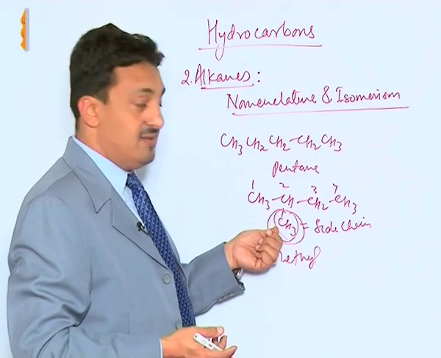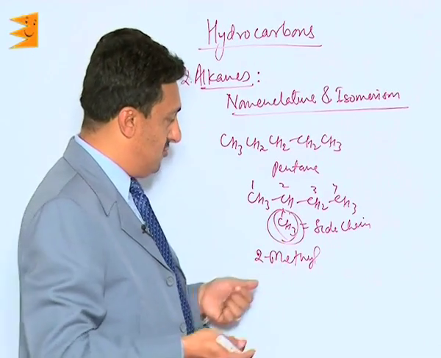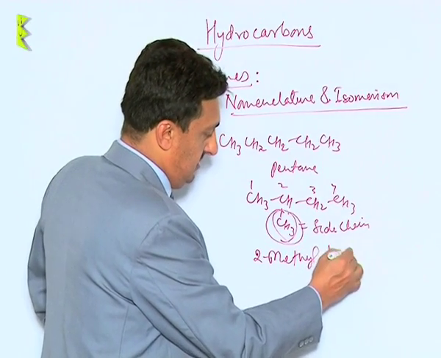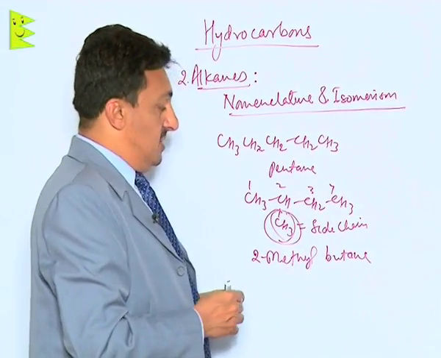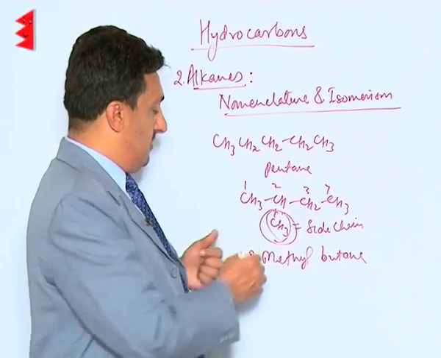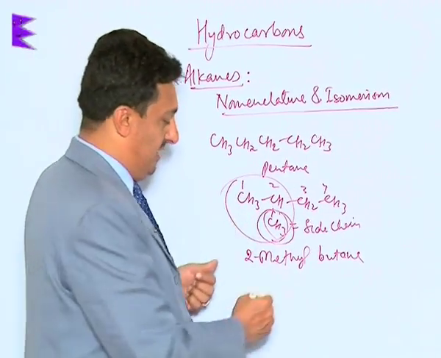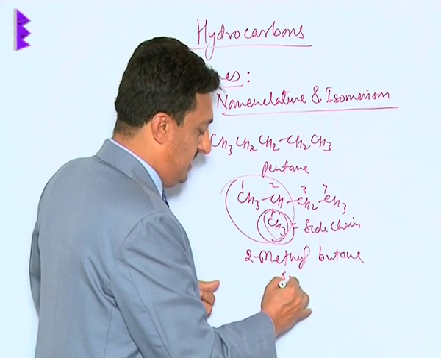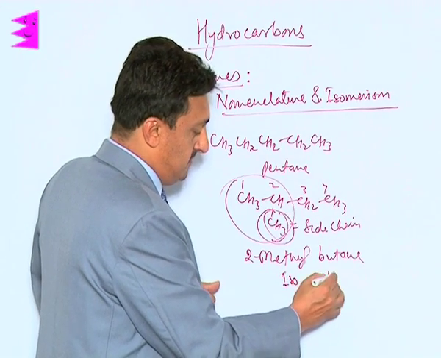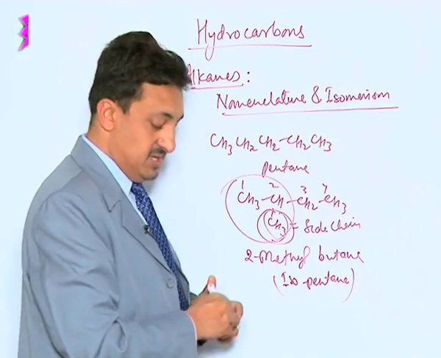So we know that these substitutions are called alkyl, so it is 2-methylbutane. Or since this group is called iso in the common nomenclature, we will call it isopentane. But remember, isopentane is a common name, not an IUPAC name.